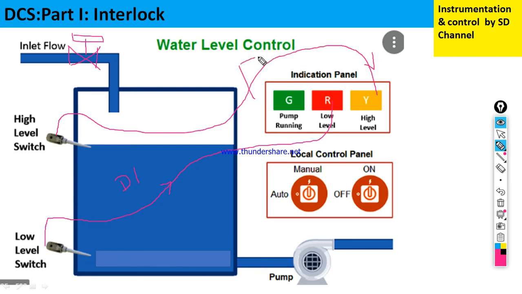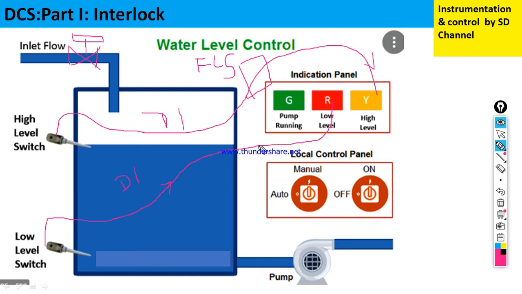In between this FCS is there. So one DI is coming, it is also a DI. One DI is coming to the FCS and HIS to show you whether the level is high or not.